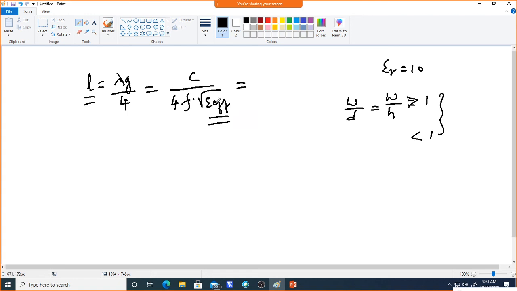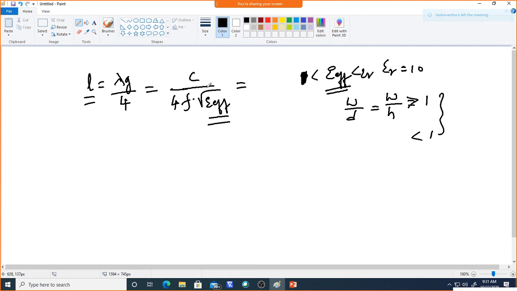Since effective epsilon, taking air as a reference, is from 1 to epsilon r, it will always be between 1 and epsilon r.